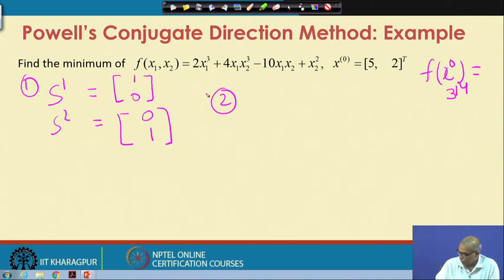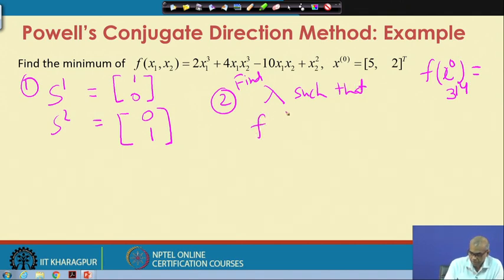So, what we will do is we first find lambda, such that f of x 0 plus lambda S 2 is minimum.